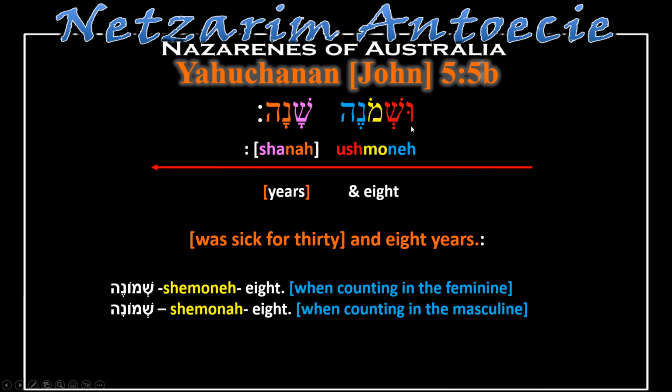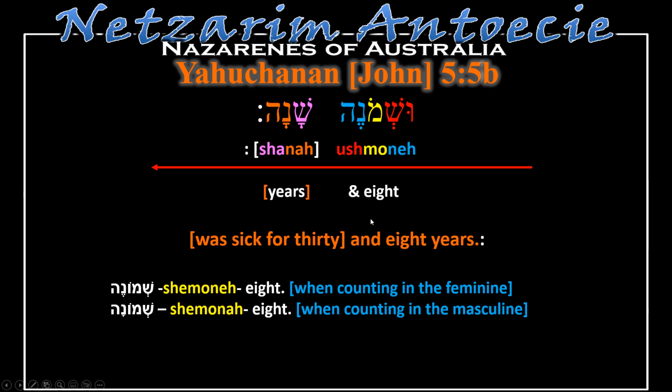and we have the letters Vav, Shin, Mem, Nun, Hey, Shin, Nun, Hey, and we read it Ushmone, and 8. If we look down here, we've got shemone is 8, but the dictionary told us that it's said this way when counting in feminine, and when counting in masculine it said shemona, 8.